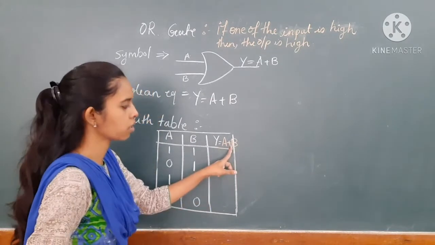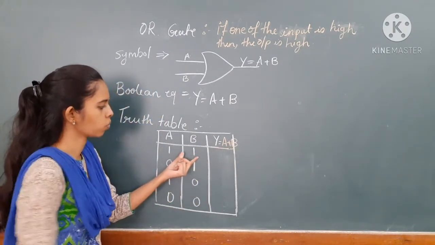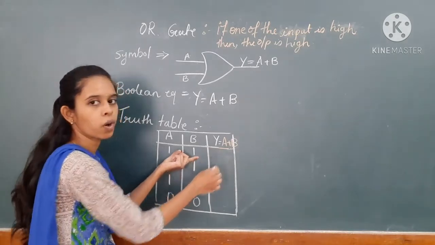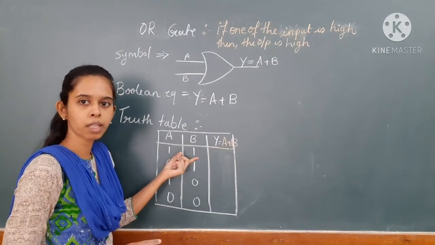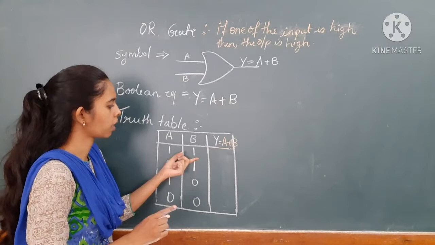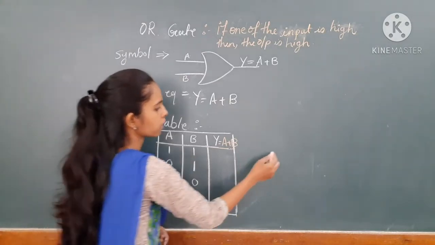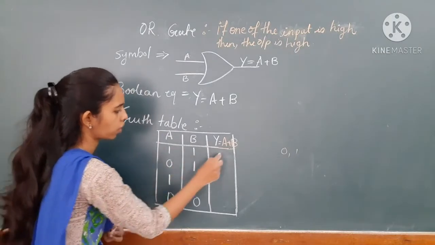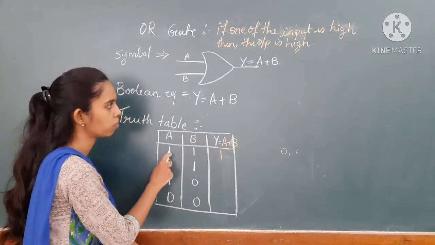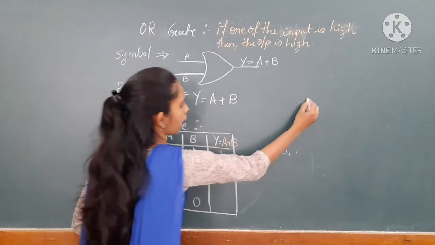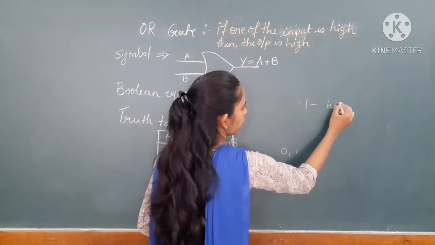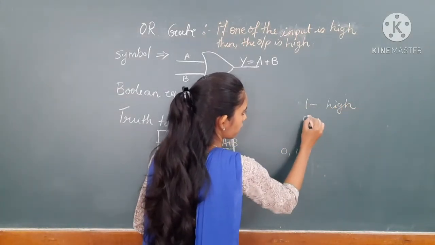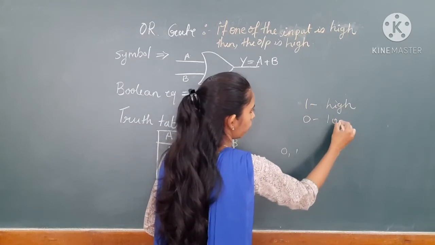Since here it is plus, 1 plus 1 will not be 2, because here we are going to use only binary language, so we have to use only 0 and 1. So 1 plus 1 will be 1, because 1 represents high. 1 is nothing but high and 0 is nothing but low.